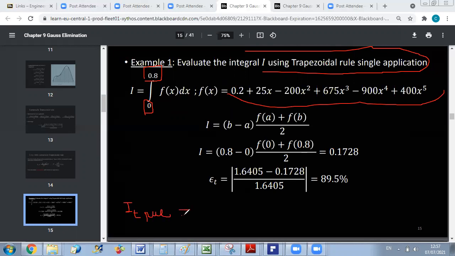So to calculate I true, all I have to do is to integrate the function given. It's a very simple function. It's a polynomial function. I can integrate it easily.